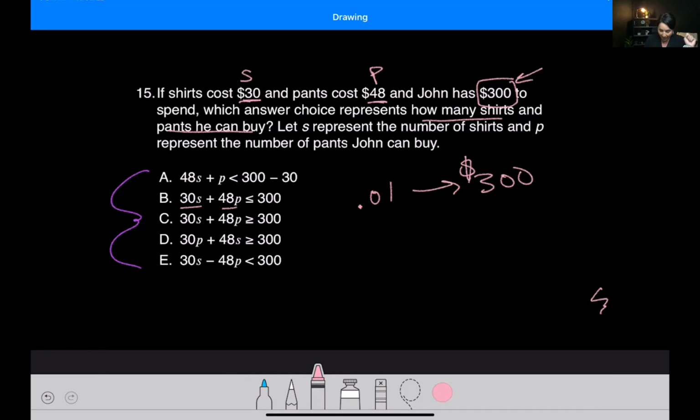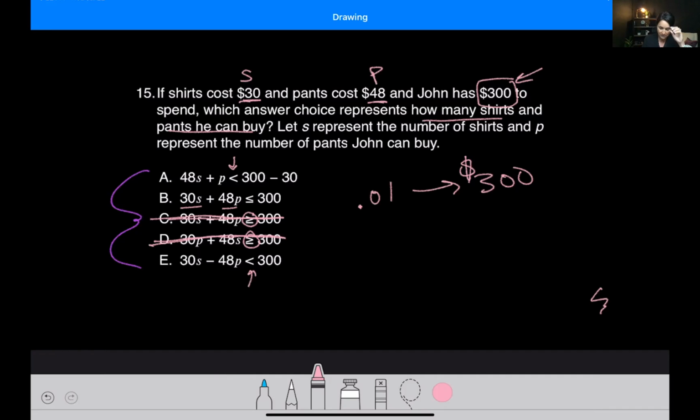So right away, I can eliminate C because of this greater than sign, and I can eliminate D because of this greater than sign. They're out. And now all I have left is A, B, and E. Now, A is just a less than sign, and E is just a less than sign.